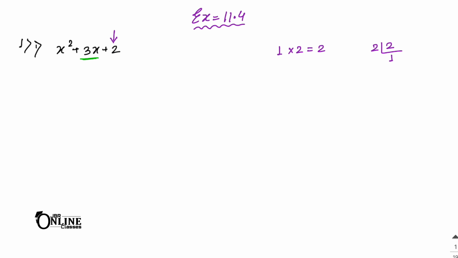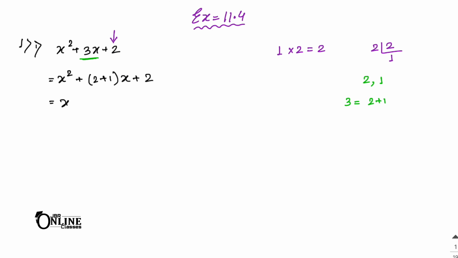Now first you have to split this coefficient of x with the help of these factors, that means 2 and 1. So 3 can be written as 2 plus 1. Okay, so you can write x², in the place of 3 write (2 + 1) into x, plus 2.